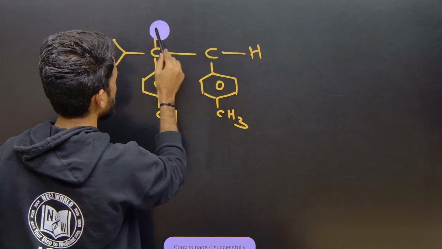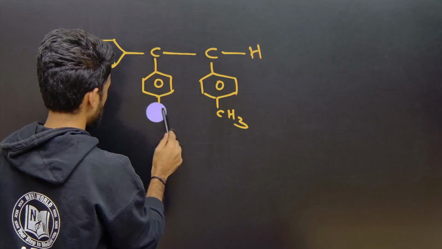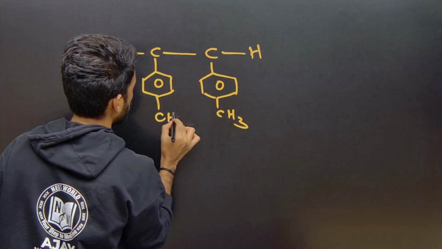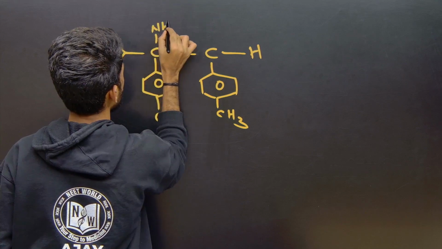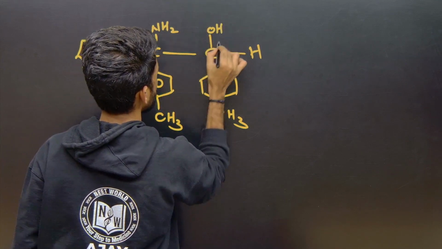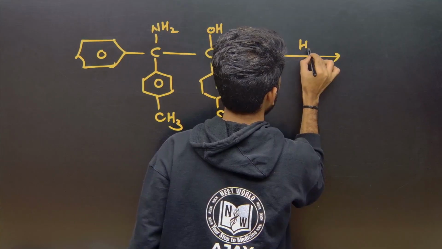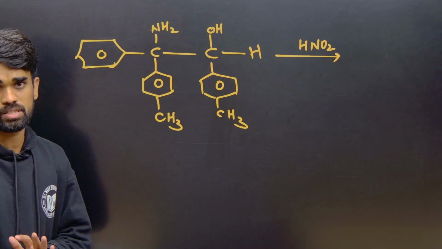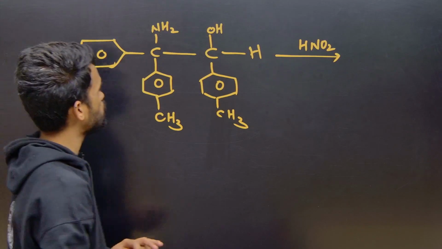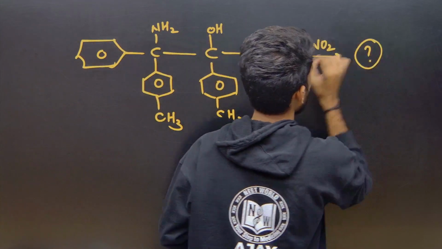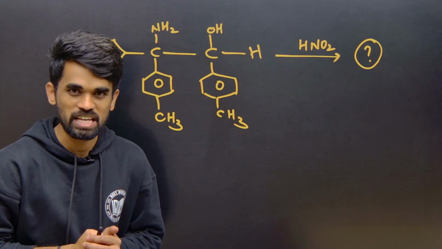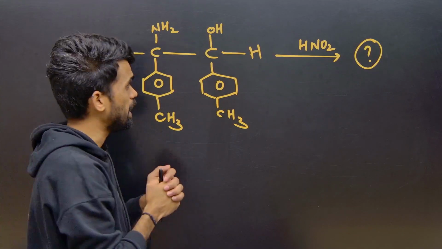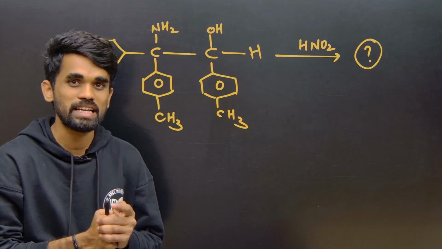So instead of giving this, I will be making it a little more clear by mentioning NH2OH, HNO2. So this is what the question is. Now tell me what is the product formed here. This kind of thing you will be seeing in the exam. So whatever I have explained, use the concept and try to apply it to these two questions. You will get the respective products.